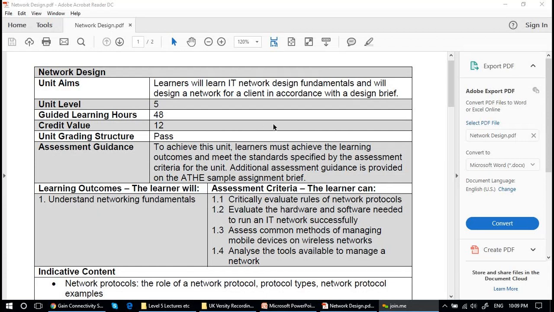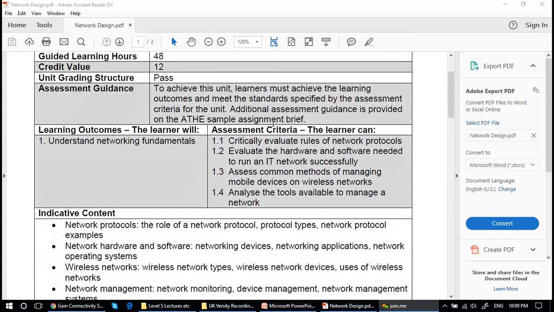So I will just go through learning outcome one, that is understand networking fundamentals. You will be able to evaluate the rules of network protocols, evaluate the hardware and software, assess common methods of managing mobile devices on wireless networks, and analyze tools available to manage a network.